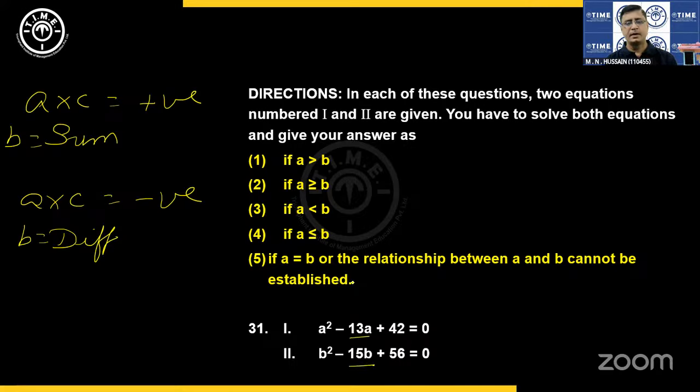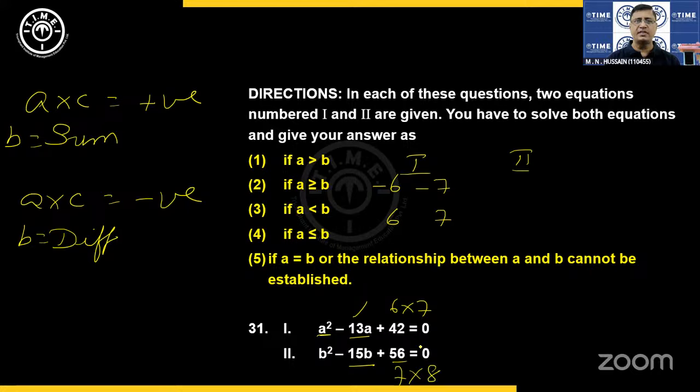Look at this. 42 means 6 into 7. 6 plus 7 is equal to 13. So the factors are minus 6, minus 7. What about the roots? 6 and 7 by the coefficient of a square. Look at the second one. 56 is 7 into 8.